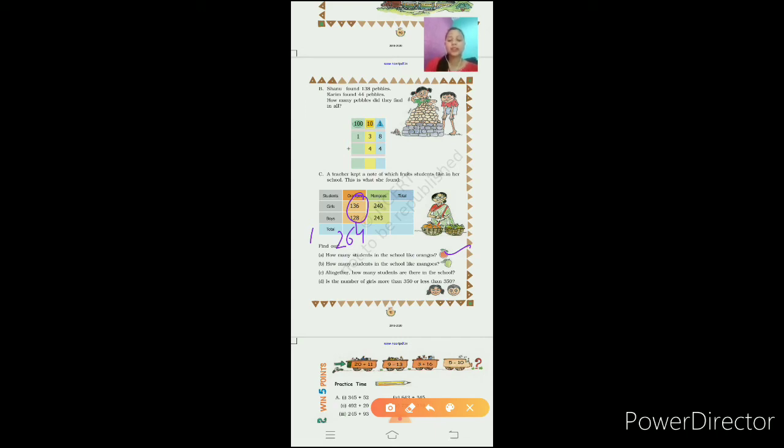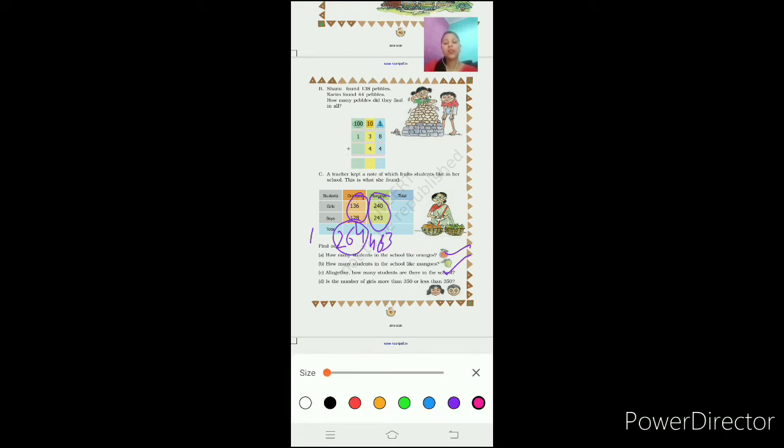Okay, next is how many students in the school like mango. So add this section. Okay, 240 girls and 243 boys. So 0 + 3 is 3, 4 + 4 is 8 and 2 + 2 is 4. So 483 students like mangoes. Altogether how many students are there in the school? So 264 students like orange and 483 students like mango.